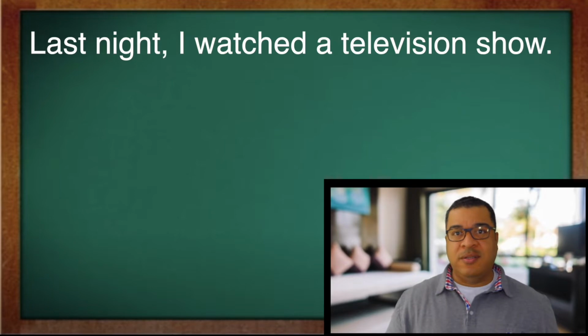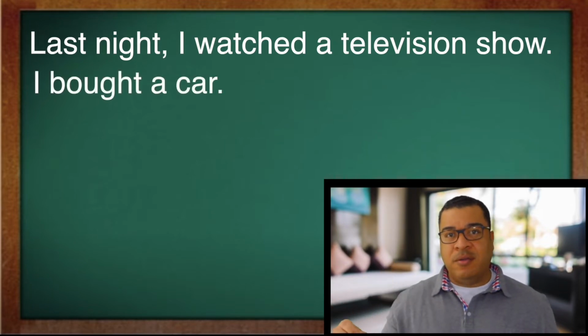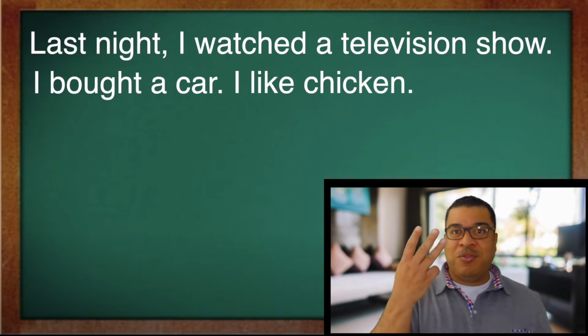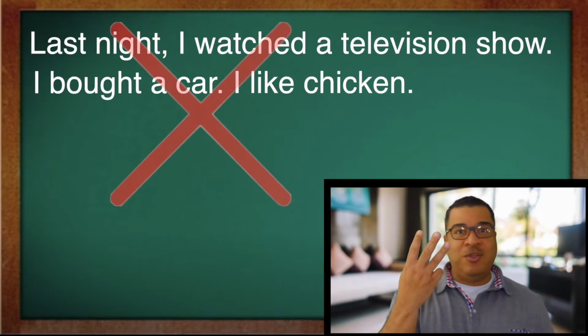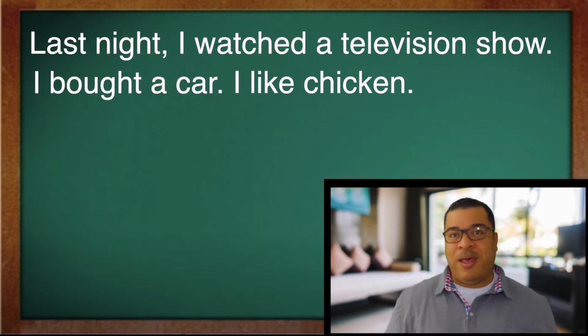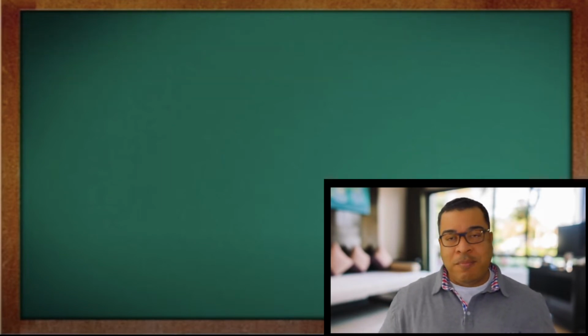The second sentence, I bought a car. And in the third sentence, I like chicken. Those are 3 different ideas that do not go together. So that is a really bad paragraph. So the main point, the main idea is a paragraph should only have one topic, one idea.